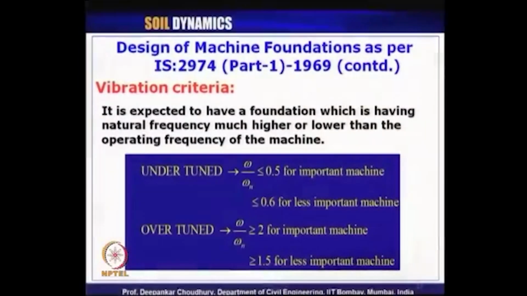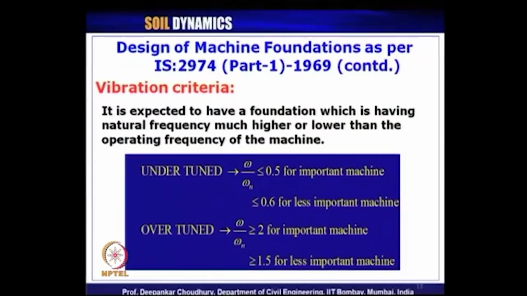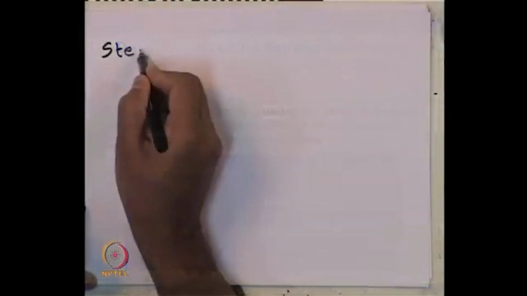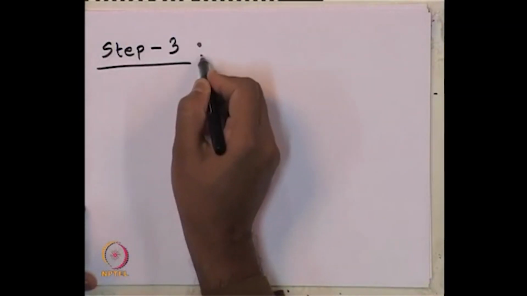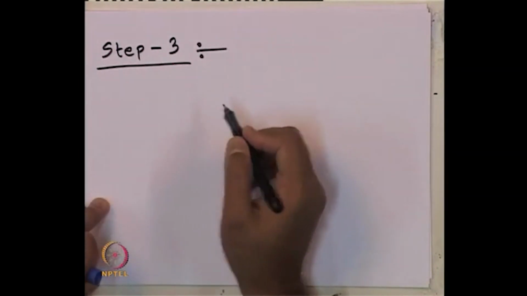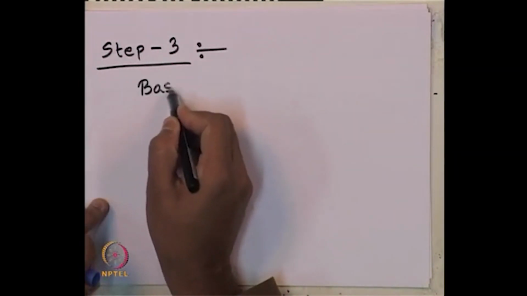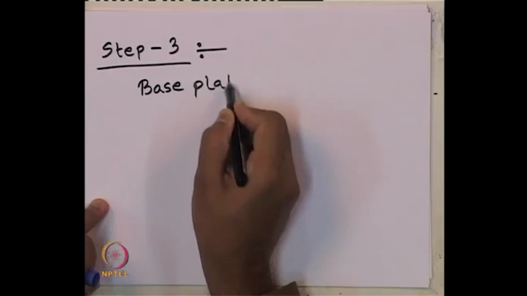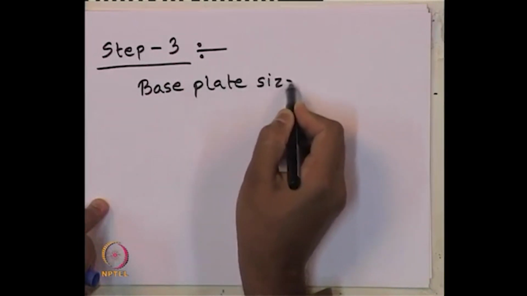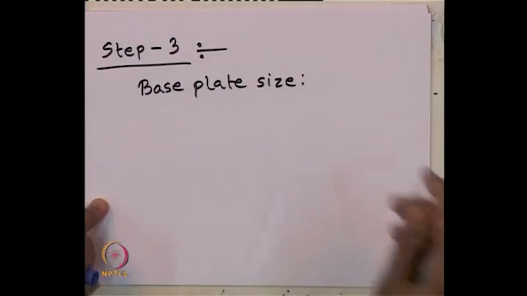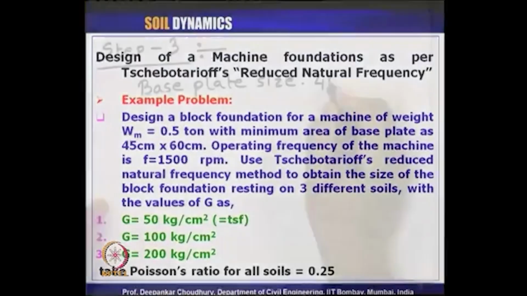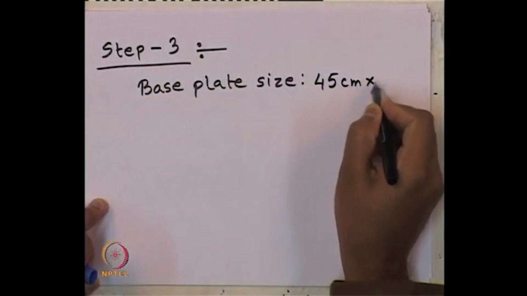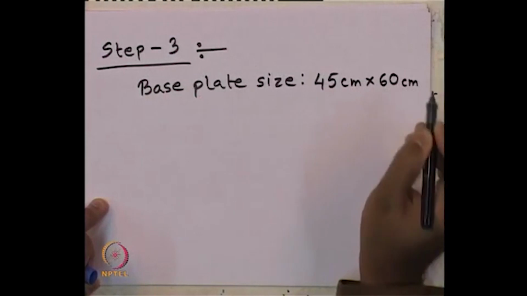Now, let us move to step 3 of the design. In step 3, based on the given base plate size, what is the base plate size? Let us look at the problem statement. Base plate size is given as 45 centimeter by 60 centimeter.